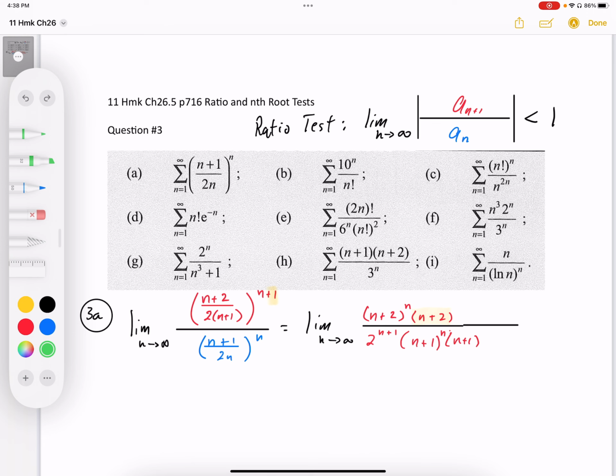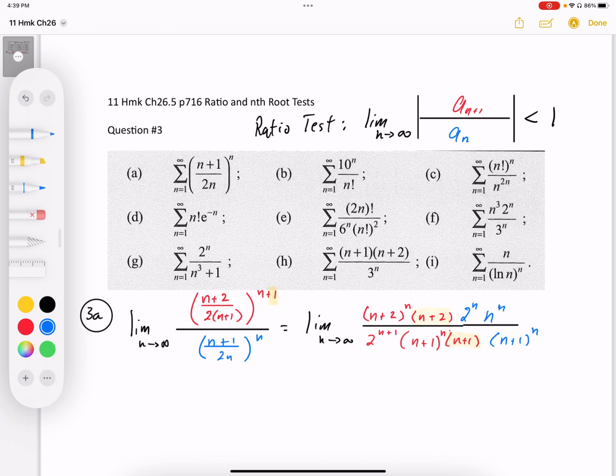Oops, that's not from there. It's going to be from that extra plus 1. Actually, I'm going to do it in yellow because that extra factor here comes from that extra plus 1 as well. Okay, so there's my terms there, and then in the denominator here, I'm going to end up with n plus 1 to the power of n, and in the numerator, I'm going to end up with 2 to the n, and then n to the n.